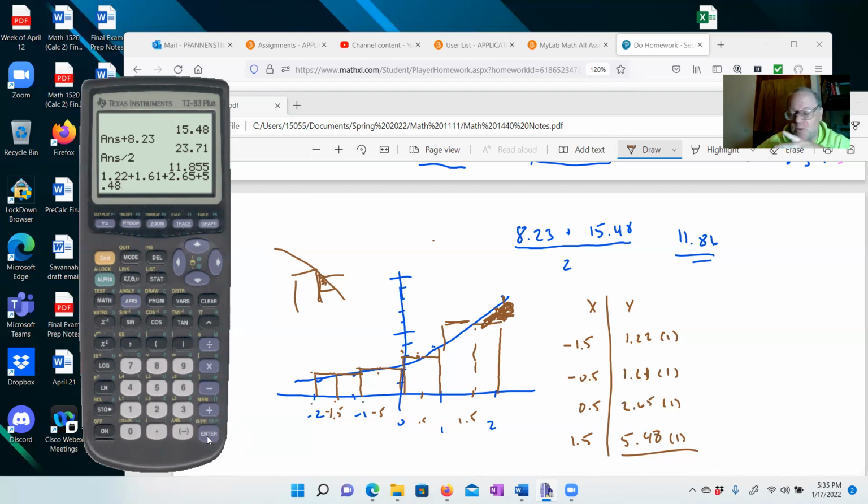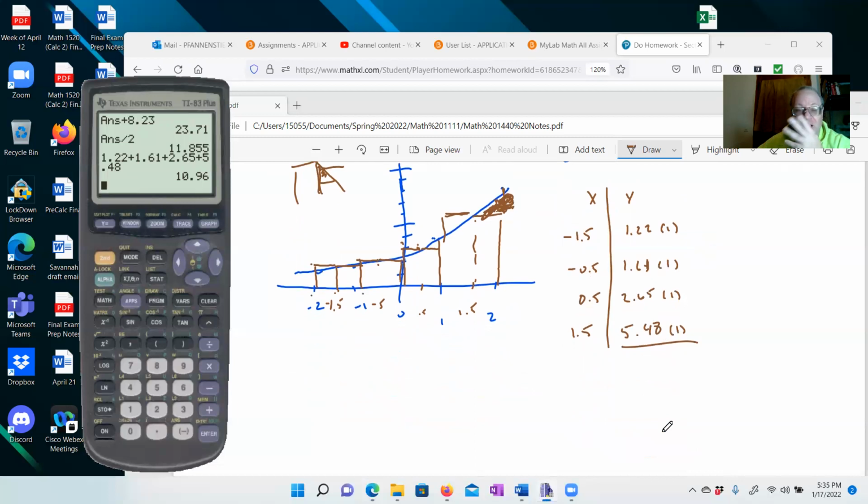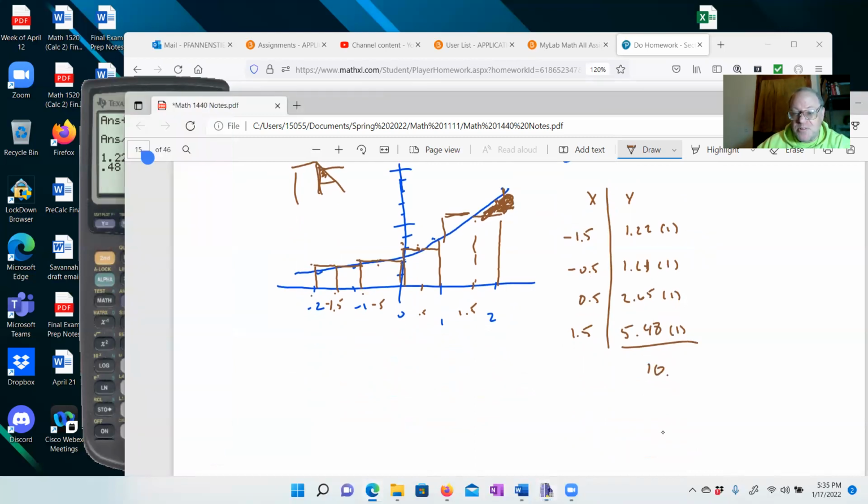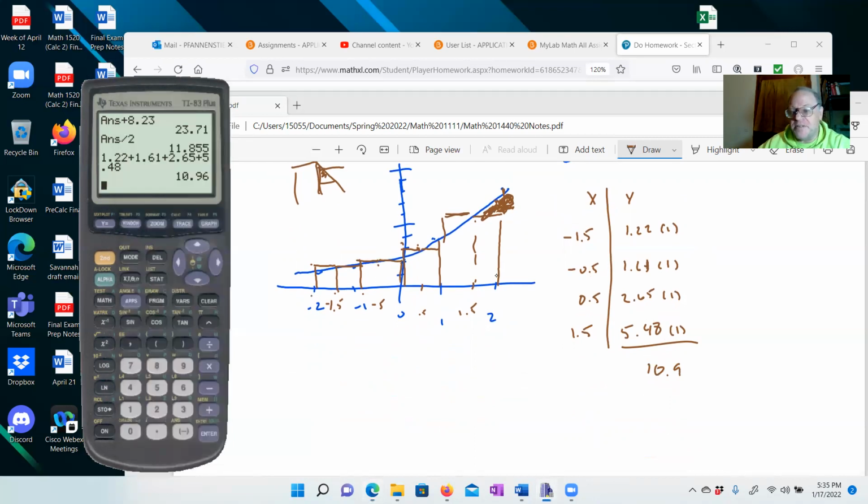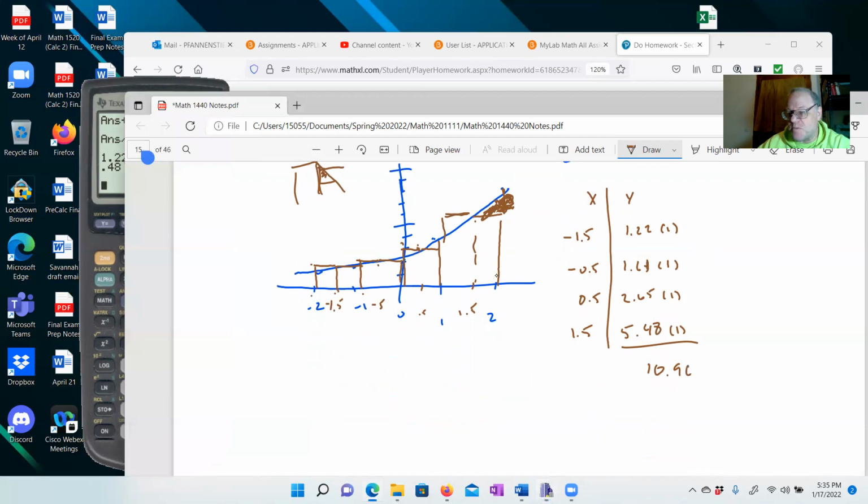By the way, I'm the one who grades your quizzes. If I ask you a question like this and I see this table laid out and I said round to 2 decimal places and this is what you did, my math lab is going to mark you wrong. I will not. You followed the directions to where you could. We're not going to worry about it. Okay, so there we are.